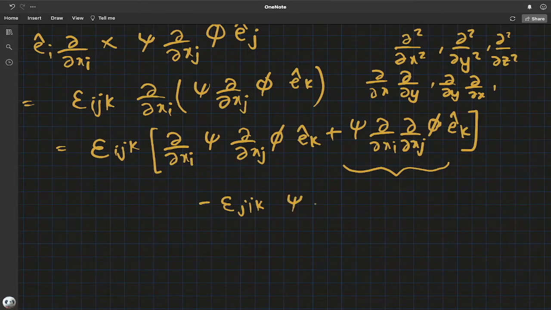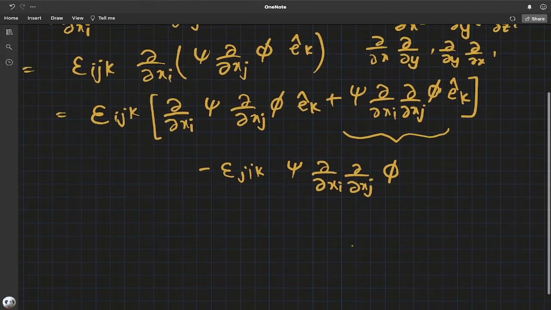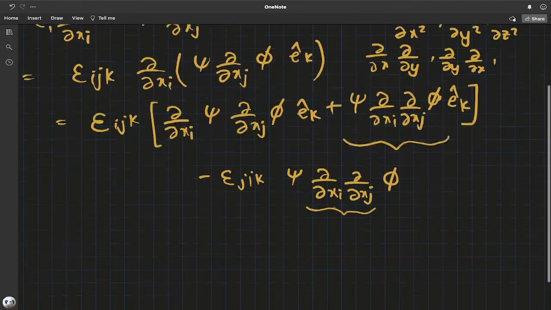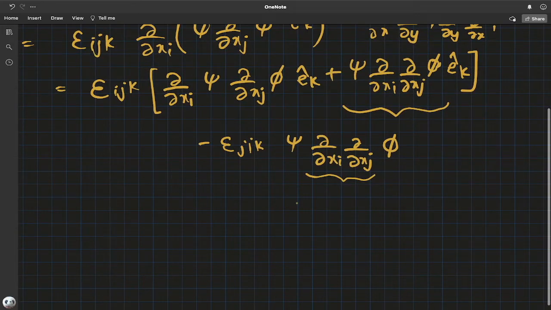We just have this, say xi, xj. But this is the same irrespective of any order we put it in.